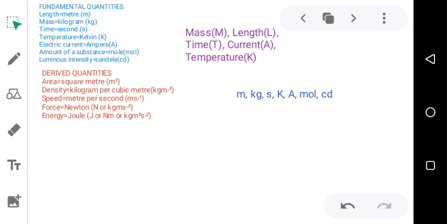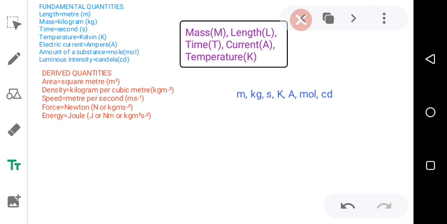Now, in the last video, we used this to derive the dimension of the physical quantity. Now, this M is in capital letter, all are in capital letter. That shows the quantity itself, not the unit.